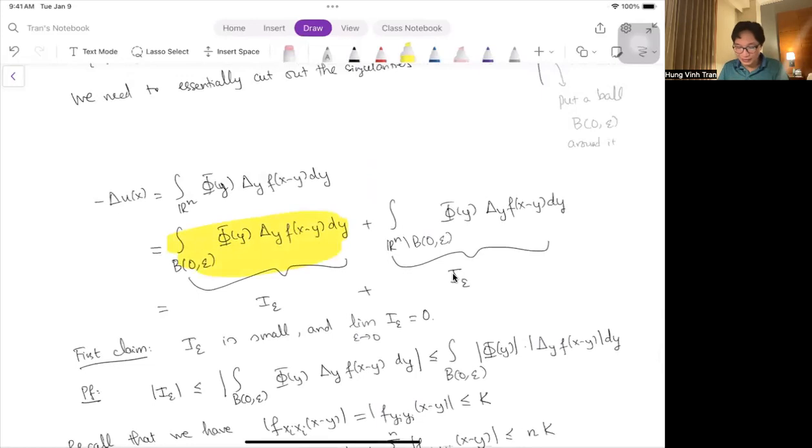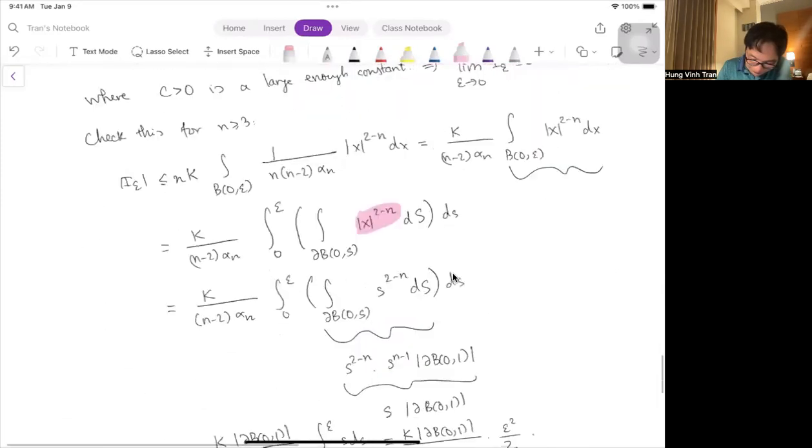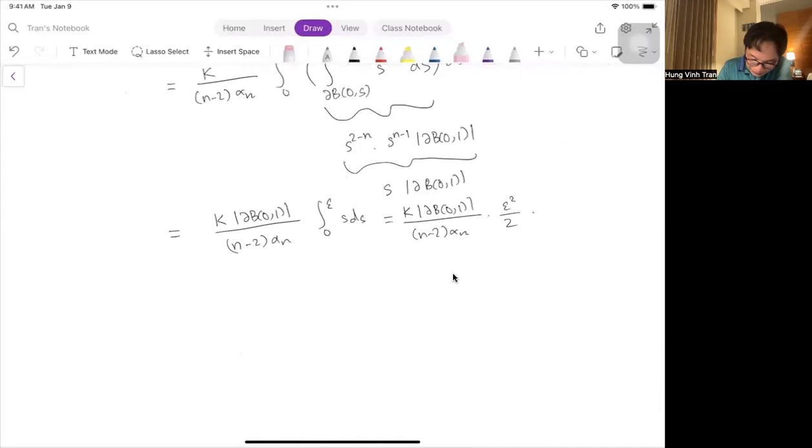Now let's handle the second term, which is J epsilon. J epsilon is the term where we have cut out the singularity, and when we have cut out the singularity, we can now do integration by parts. I have to do it a little bit quickly now.